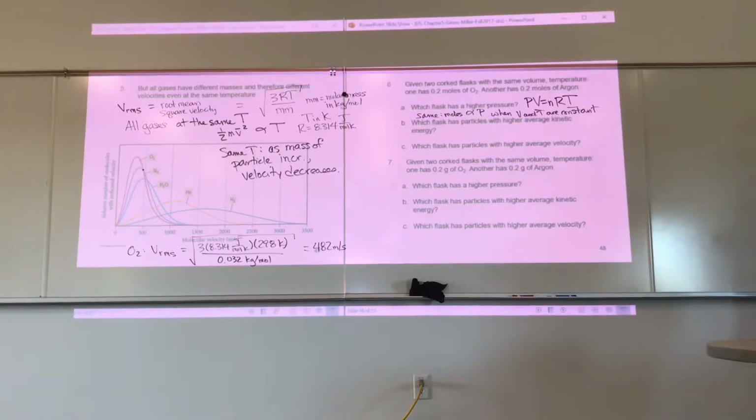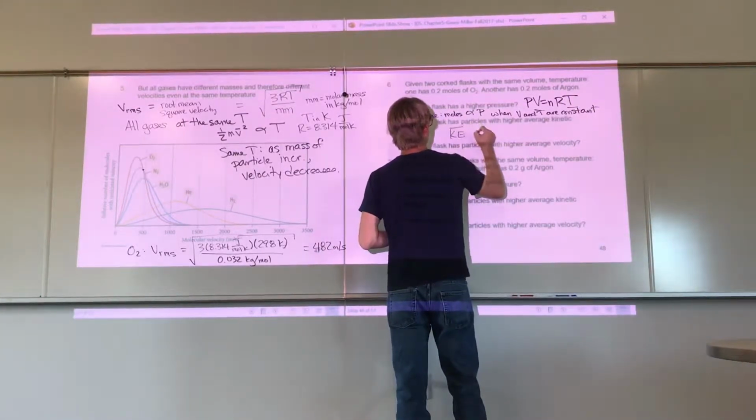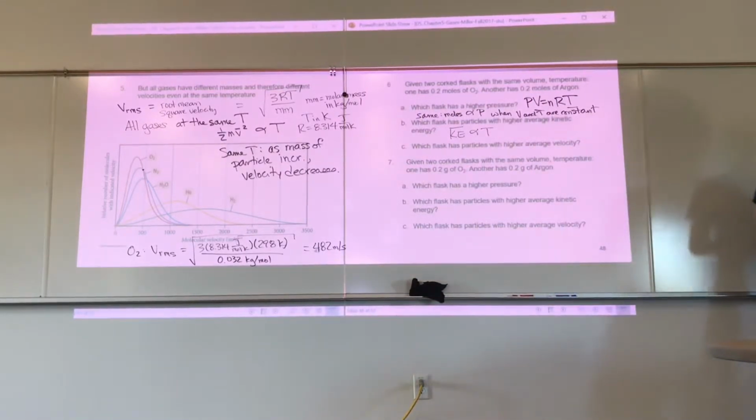Which flask has particles with higher average kinetic energy? Well, for this one, average kinetic energy is proportional to temperature. Temperature is the same. We can say that your average kinetic energy is the same as well.